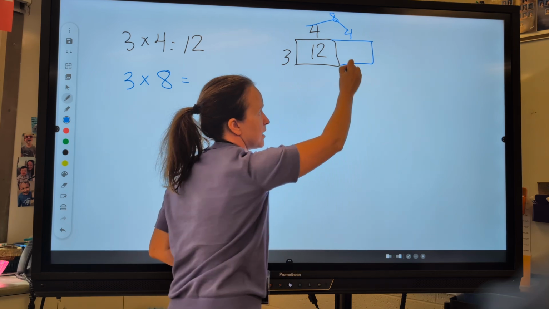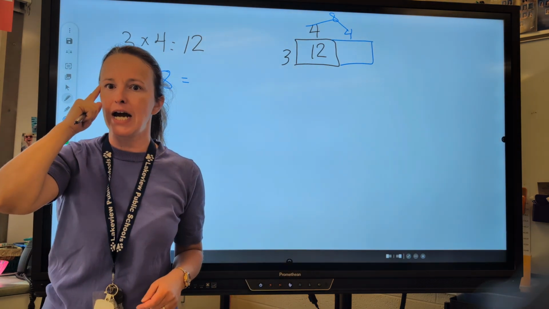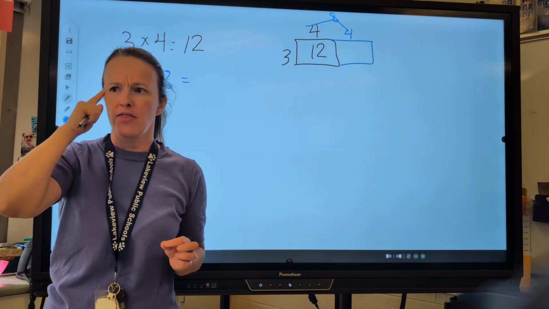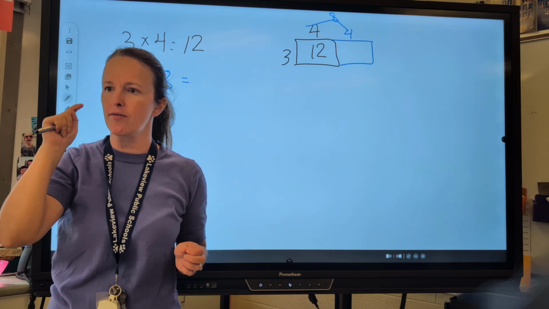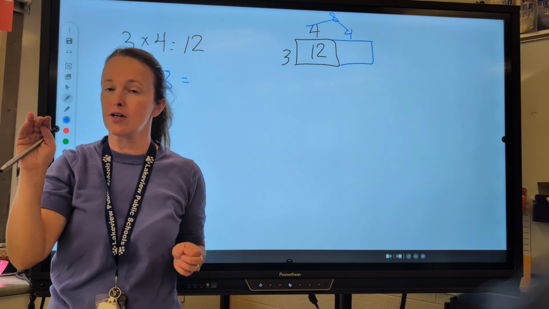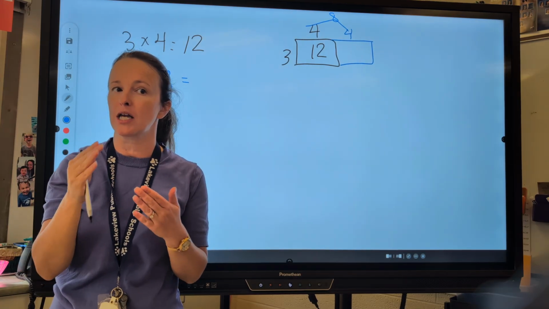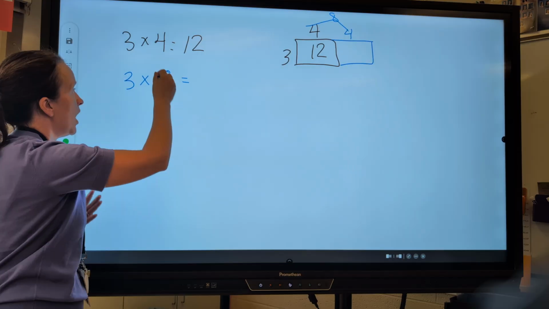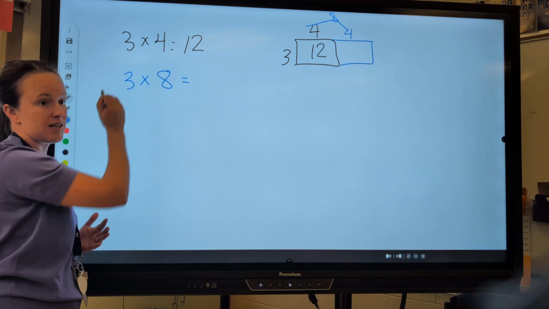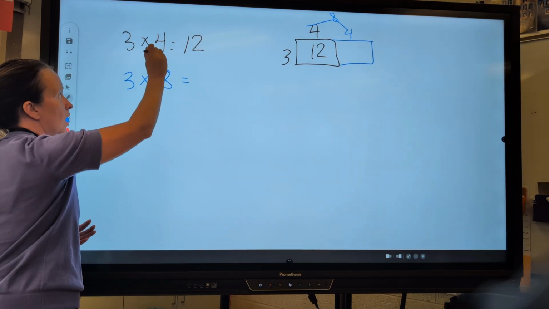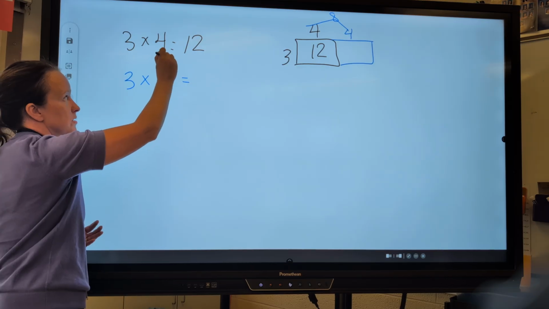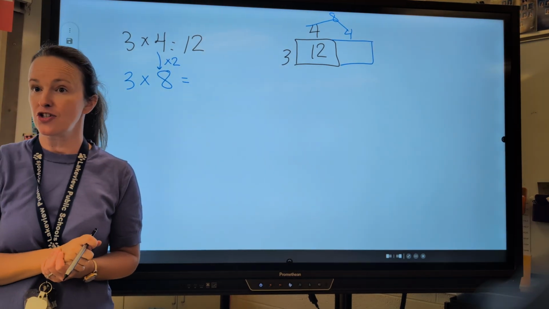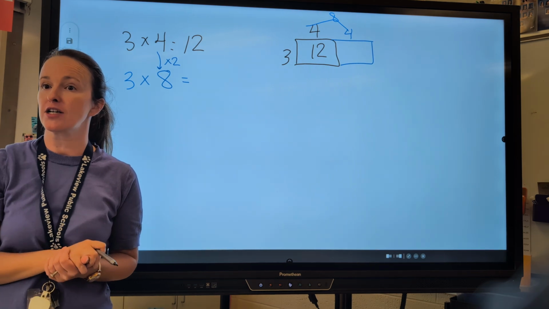And you should be thinking back, oh, if I double the factor, that reminds me of one of the rules that we did the very first week of school. And you could be looking in your notebook right now. If one of the factors stays the same, but one of them doubles, what happens to the product?